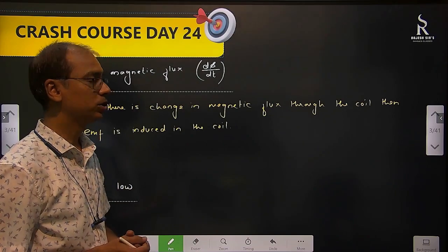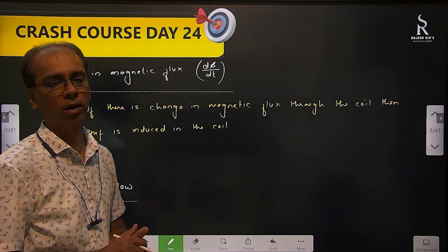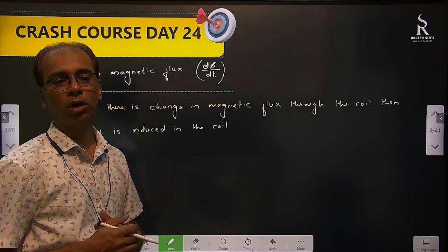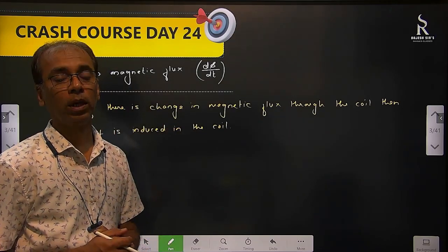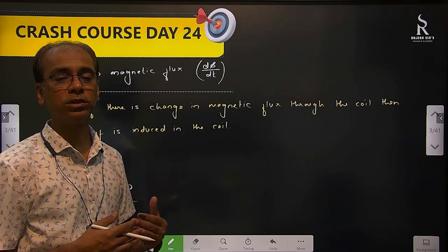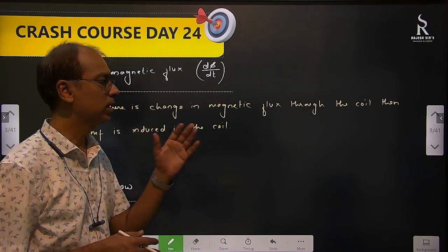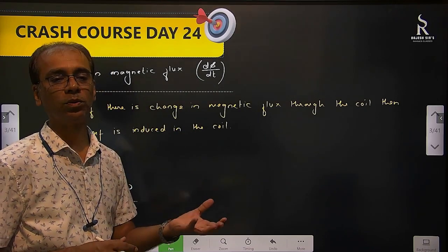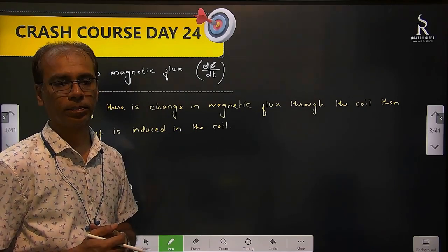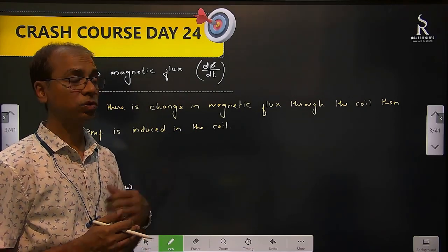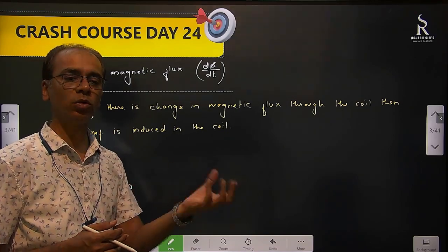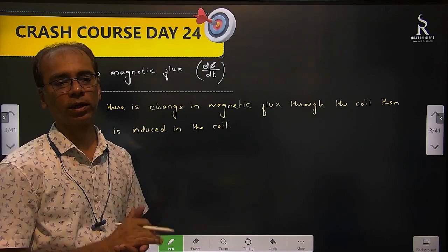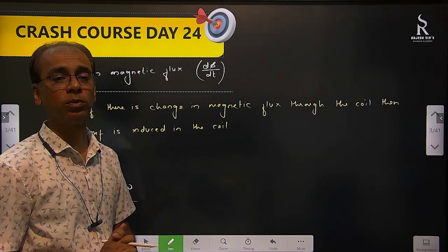So what the coil wants to do is oppose the change. What is the change happening? Maybe you are increasing the magnetic field through the coil. So it wants to decrease it. In opposition, it produces its own magnetic field, which is opposite to the magnetic field that you are trying to increase. Okay, that's opposition.